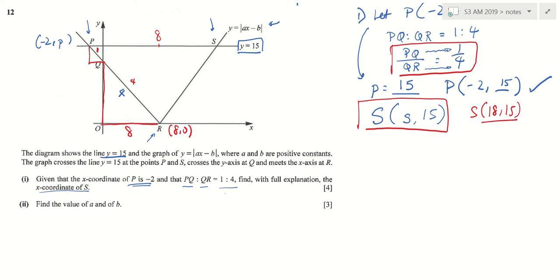So my question is, from P to the x-axis, what is the horizontal length? If this is negative 2, that means the length here is 2, right? If the length is 2, then 4 times of it, the length will be 8, right? Let me draw the two triangles again.